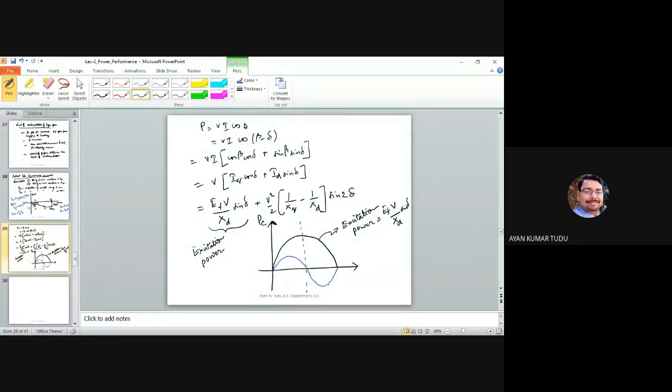So this power is known as our reluctance power, which is equal to V square by 2 into (1 by Xq minus 1 by Xd) into sine 2 delta. So this is our reluctance power.